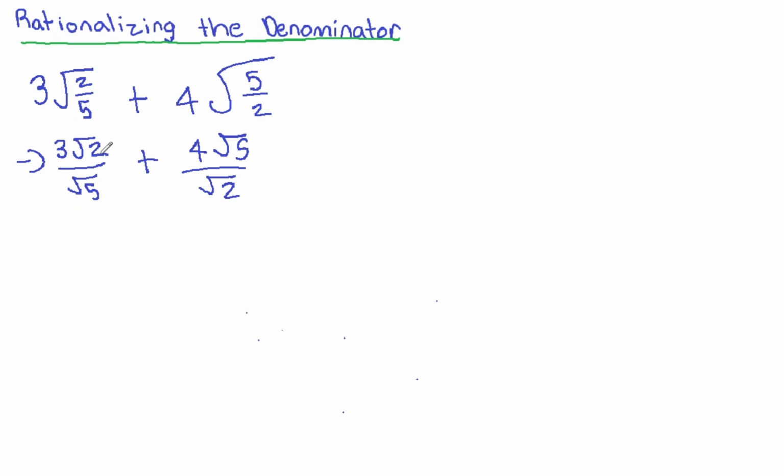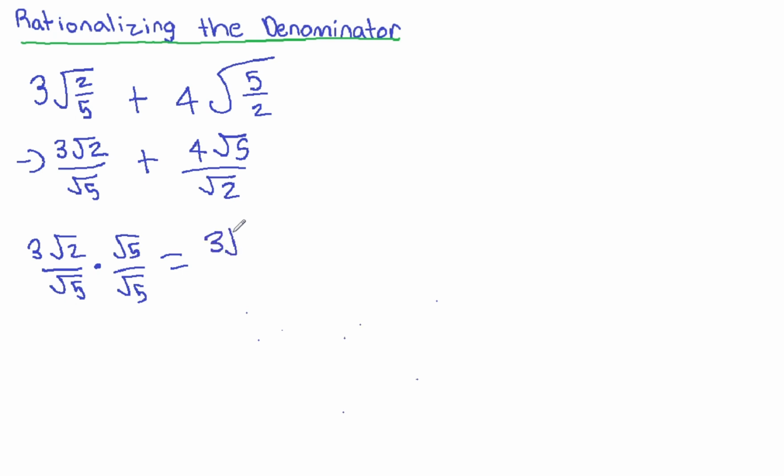Let's take this for example: 3 root 2 over root 5. You multiply it by root 5, for the denominator and the numerator. Essentially you just multiply them by 1. When we multiply two roots, you multiply the numbers inside the roots, so you multiply 2 and 5.